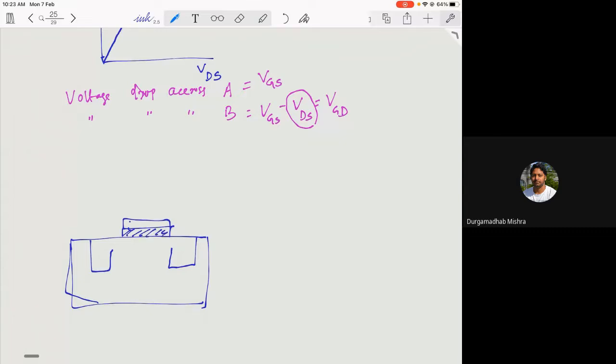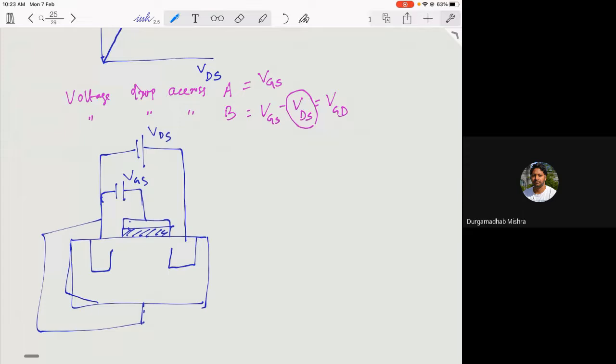Now I connect this to this. This is again VDS, this is VGS, and this is connected to your p-type. So what happens now if VDS is increasing?